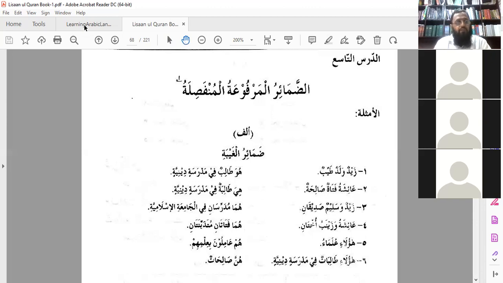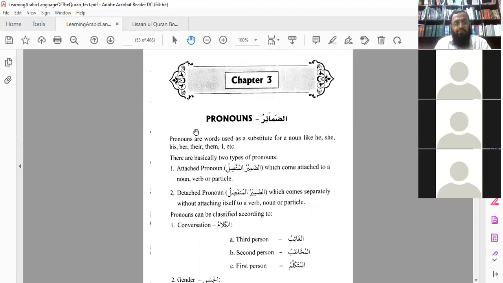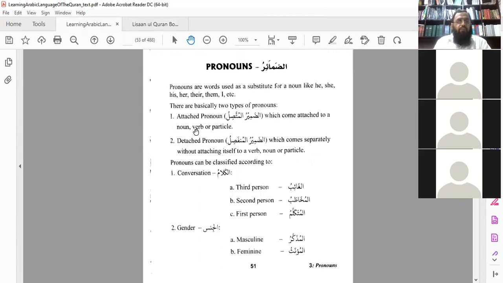Now let me give you a glimpse. You can see al-kalam, conversation, very clear. Sorry, I have to use a different highlighter. Al-kalam is conversation.